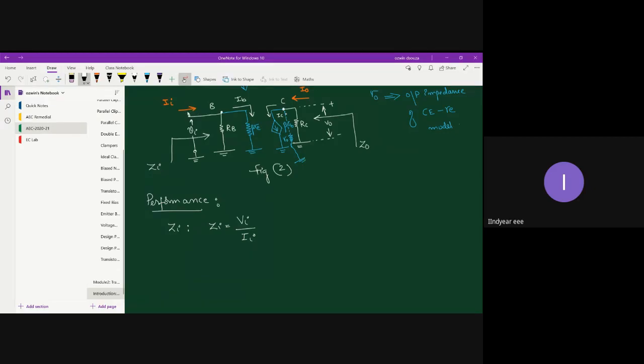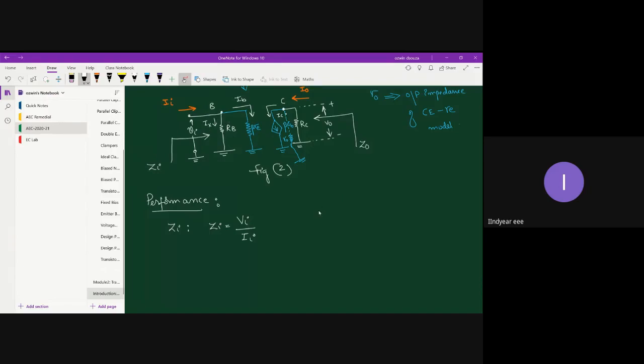Remember one thing. Can anyone tell me, is Ii equal to IB? No, right? That's because there is a base node here. So there will be a flow of current Ix through the base resistor.